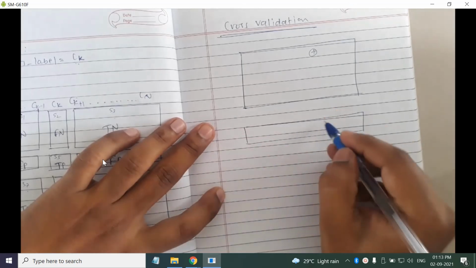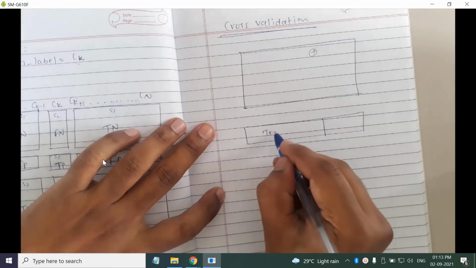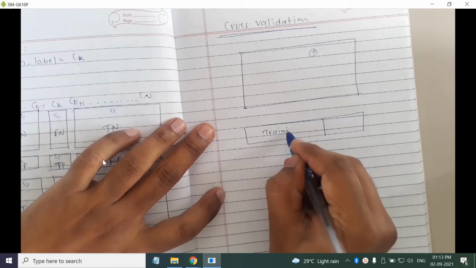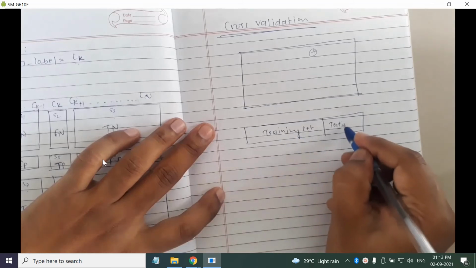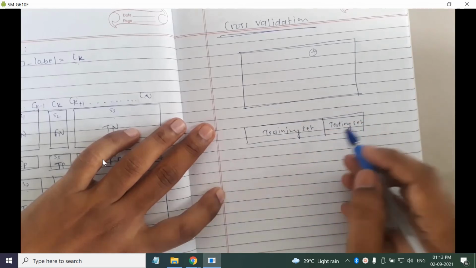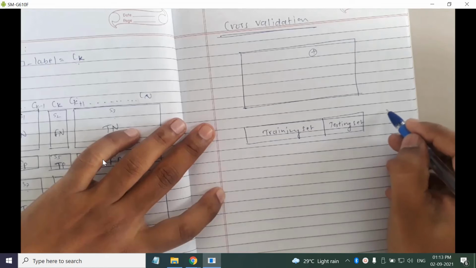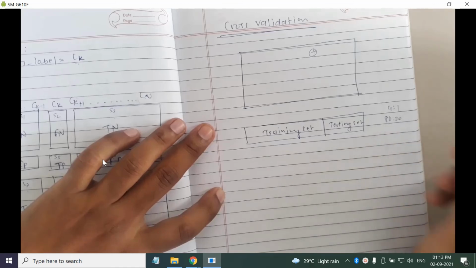We split that data set into two parts, training set and testing set. We give the majority of the part for training and the remaining for testing. Generally we keep a 4:1 ratio, that means 80% of the data for training and 20% for testing.